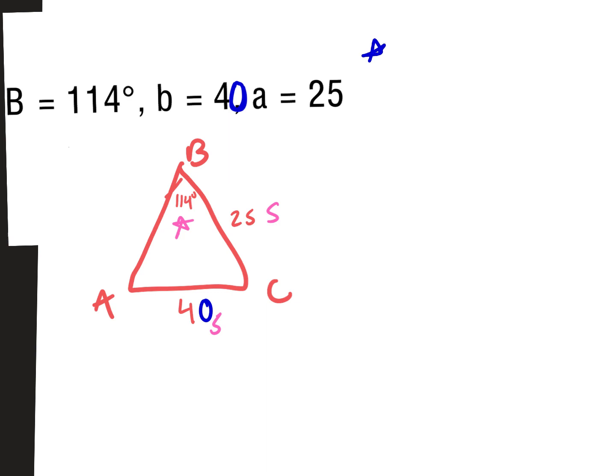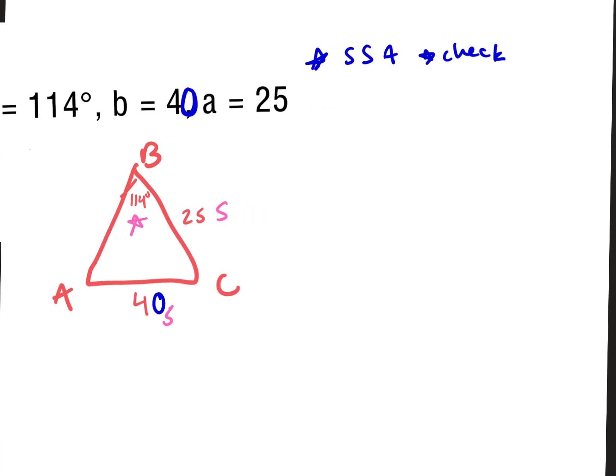So I know that it's side-side-angle, so I'm going to have to check for two triangles. So let's start with what we have. We have a pair. We have side B and angle B. So I'm going to do law of sines. So 40 over sine of 114 is equal to what?